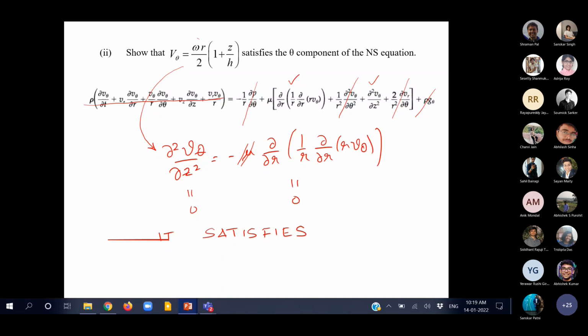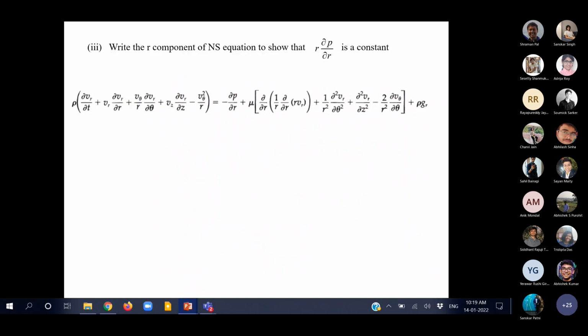Okay, then I am moving on to the third part of the problem. The reason these different parts are provided is to give you an idea. Ultimately, our aim is to find out what is the load that the top plate can sustain. The third part says, write the r component of the Navier-Stokes equation.